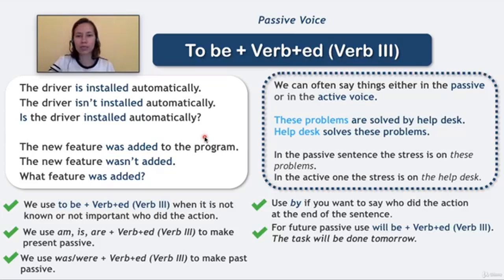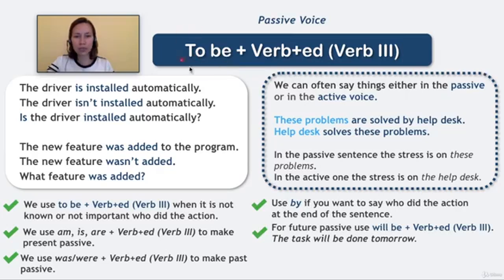How do we form this construction? How do we form passive voice? Well, you can see it here. To be plus verb with the ending ed, or if the verb is irregular, you go to the table of irregular verbs, and you have to take the third column from that table.